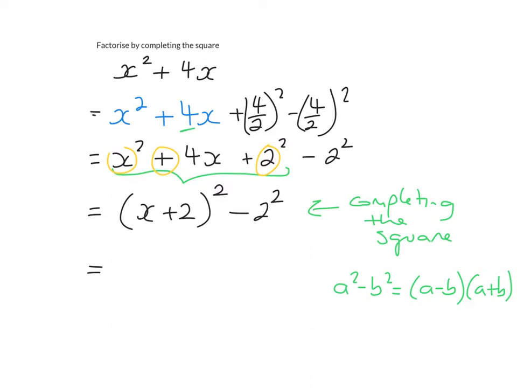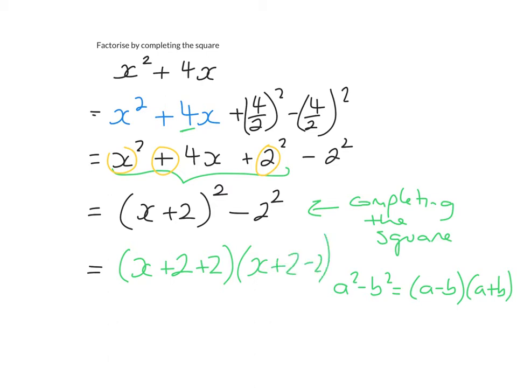In this case here, our first bit is x plus 2, so the bracket's going to become, I'll leave it as green, x plus 2. And then the second bit of that is this 2 over here. So I'm going to go plus 2, and then x plus 2, which is the first bit, and then take away 2.